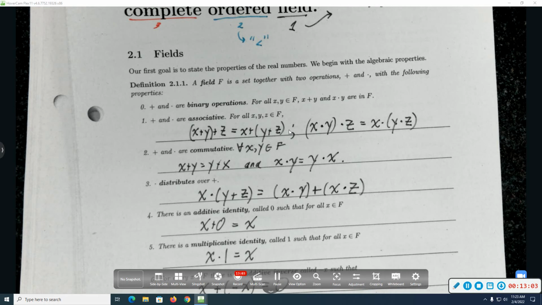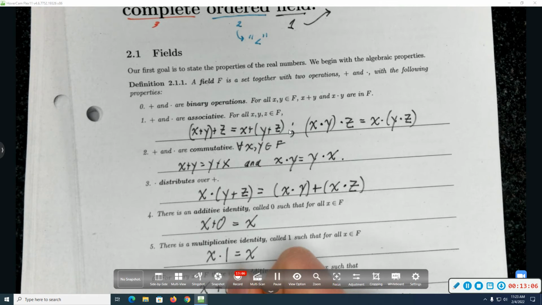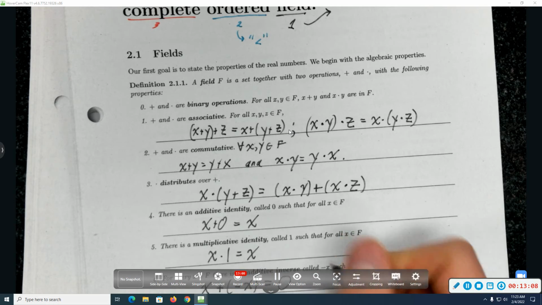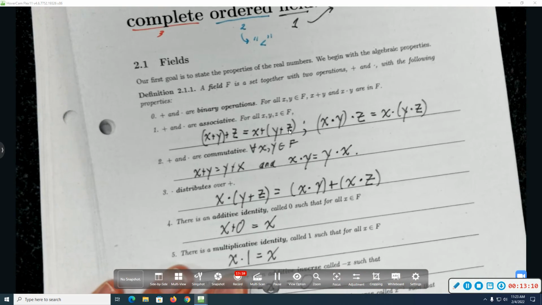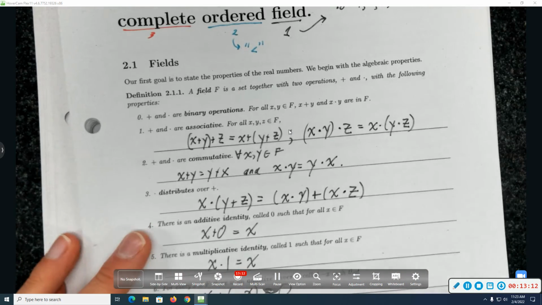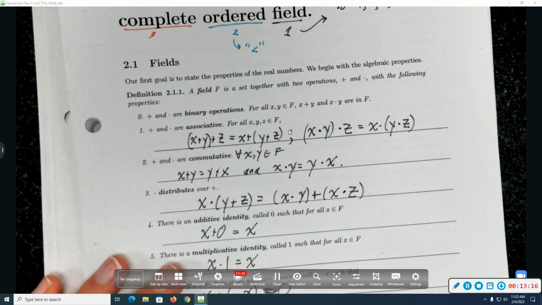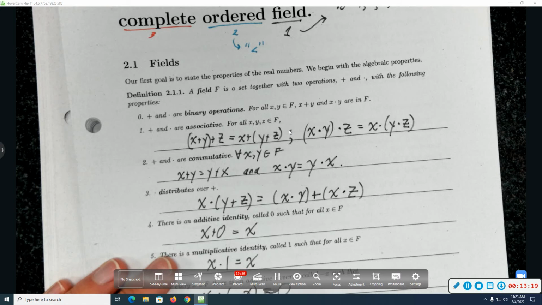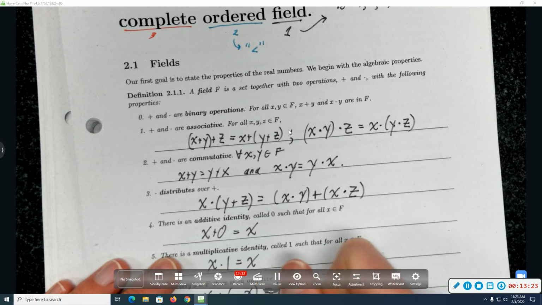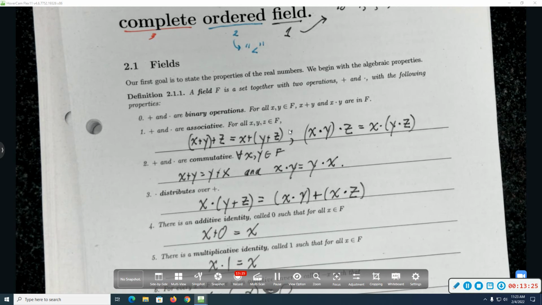You should be able to undo multiplication. What can you tell me about x times the inverse of x? Yeah, it should be 1.